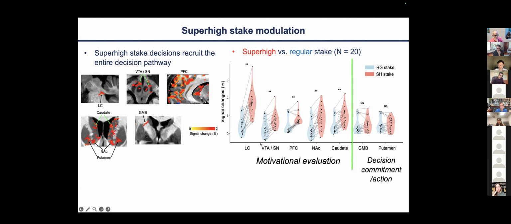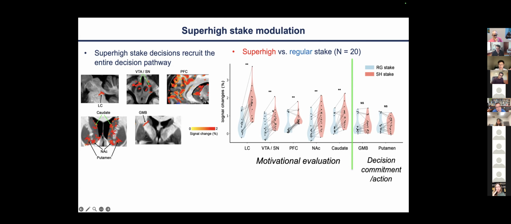Basically, on the left side, those LC, prefrontal, caudate, they are responsible for the motivational evaluation. VTA and nucleus accumbens, they are sensitive to the rewarding value, but during the motivational evaluation, you kind of expect you are going to win or lose.